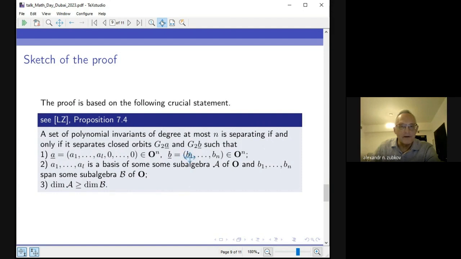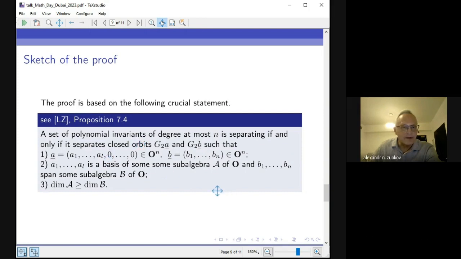And here is the other n-tuple. I'm not going to assume that some of the coordinates here are 0.